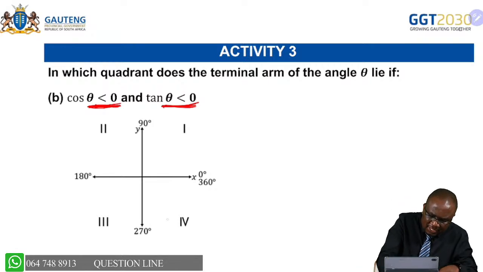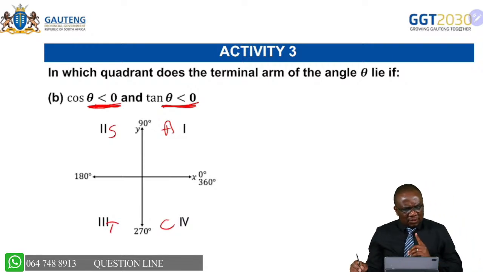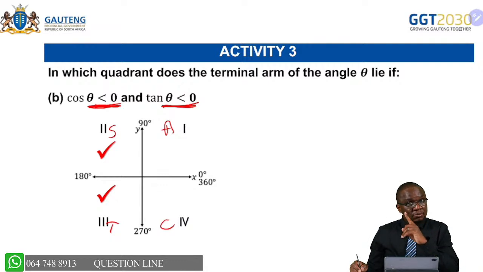So cos theta should be negative in quadrant 2 and 3. I tick that. Okay, done with cos theta. I go to tan theta. Where is tan theta negative? Tan theta is positive in quadrant 1 and 3.